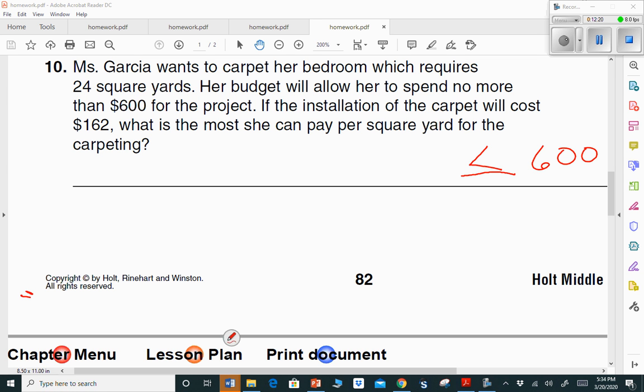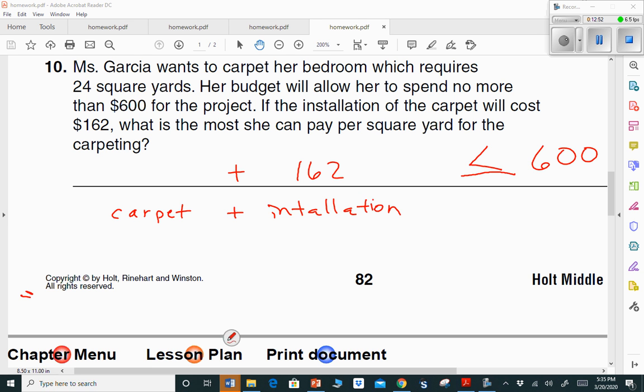There are 2 parts to the charge that can add up to no more than $600. If the installation of the carpet will cost $162, what is the most she can pay per square yard for the carpet? So we've got the carpet cost and we've got the installation cost. We totally know the installation cost is $162.